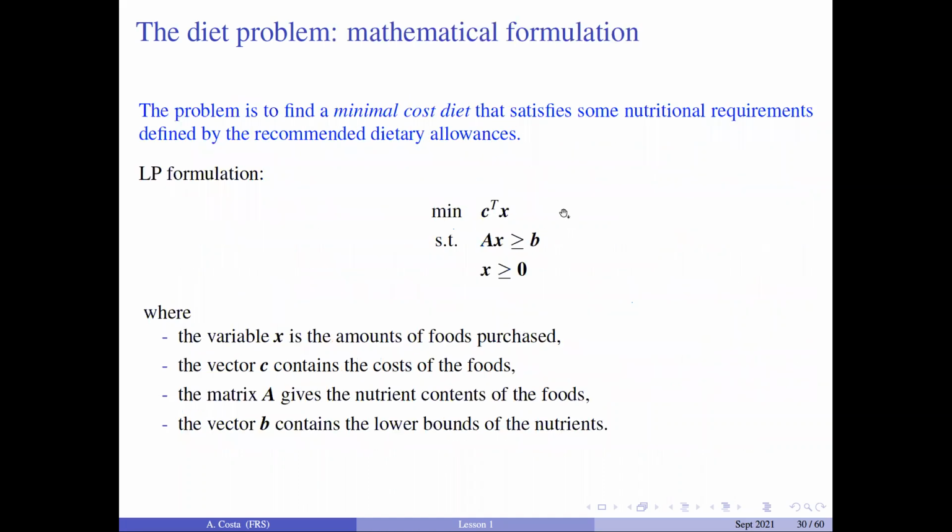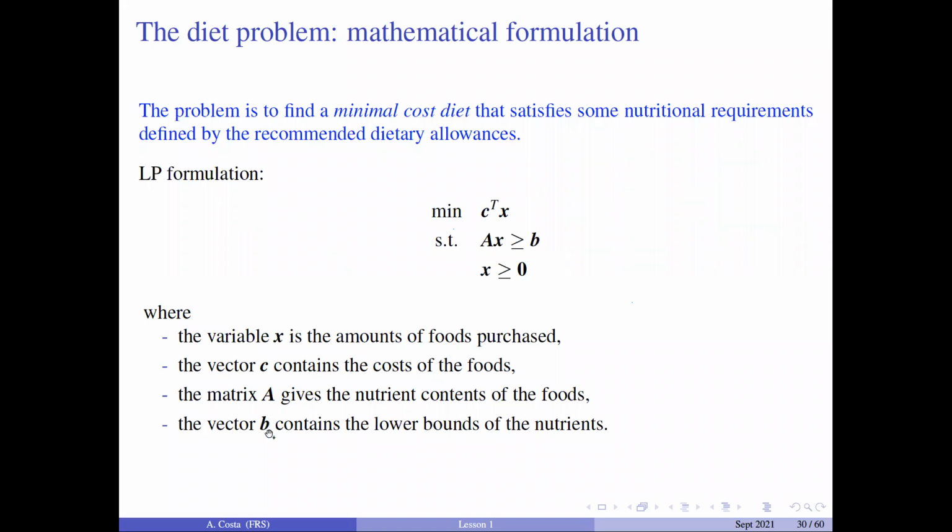But what is important for us is the LP formulation. What we are looking at is the amount of food we buy. This is the variable. We have different kinds of food, and we need to decide how much to buy. We want to minimize the total cost. So you can imagine that the vector C represents the cost of each food. The matrix A, these constraints, are those telling us the requirements, like I need to have at least this amount of vitamin A, B, C, blah, blah, blah.